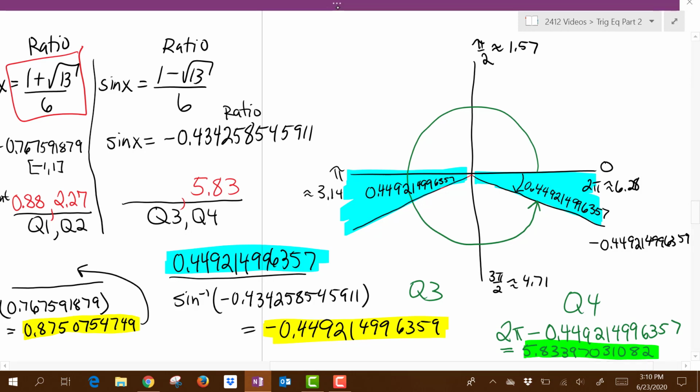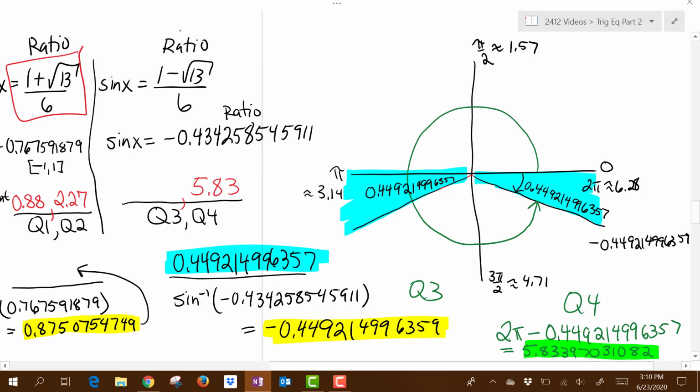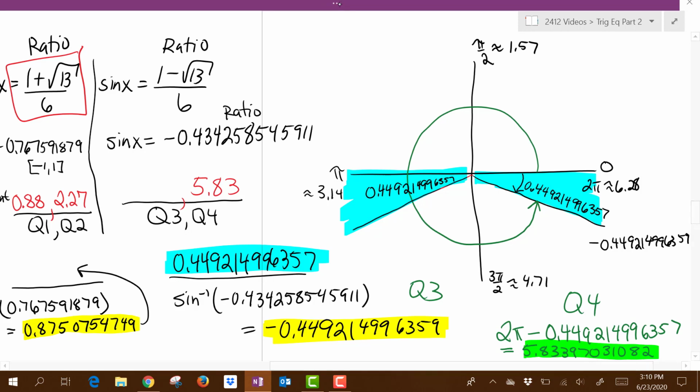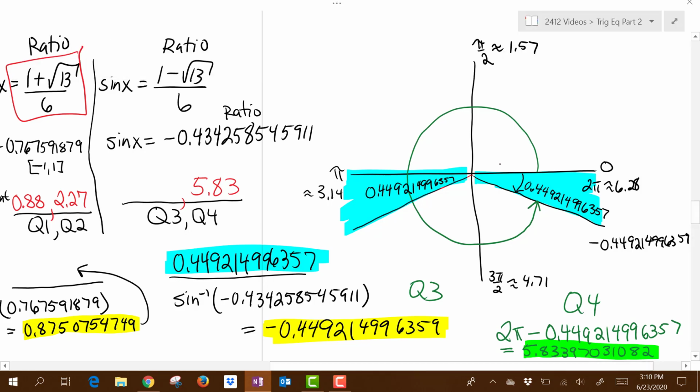Now I want to describe what that quadrant 3 angle is. To find the quadrant 3 angle, I'm going to start at 0 and go all the way through quadrant 1 and quadrant 2, and then I have to go a little bit more. Right now I've gone a distance of pi, and I need to go this blue section more to stop at the quadrant 3 angle. So the calculation for that would be pi plus that extra blue part that represents the reference angle.